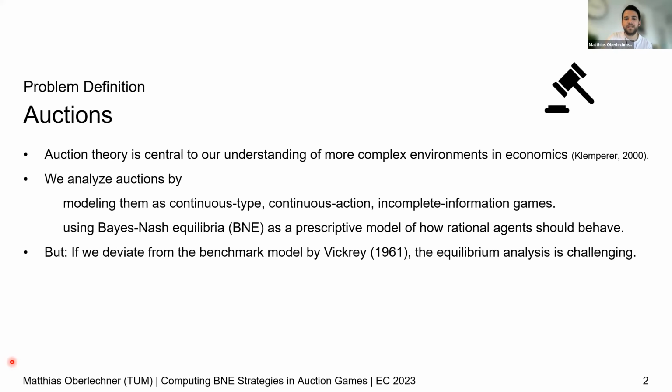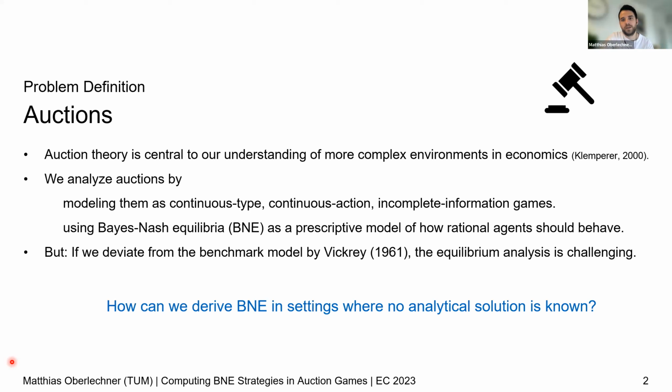But the problem here is that if we deviate from benchmark models, the equilibrium analysis can get very challenging. And naturally, we want to know, well, how can we derive these Bayes Nash equilibrium strategies in such settings where an analytical solution might not be known?